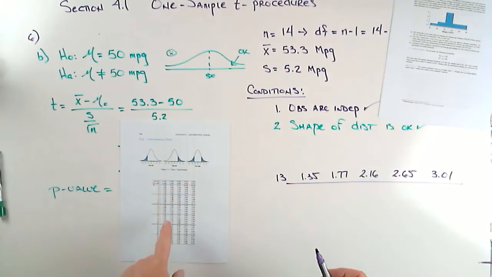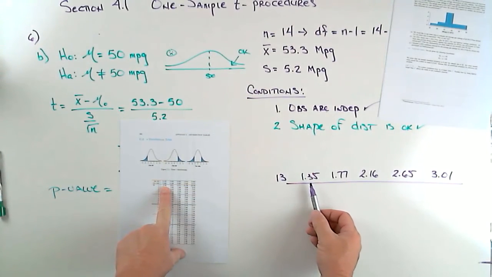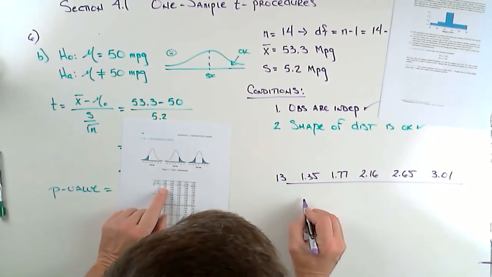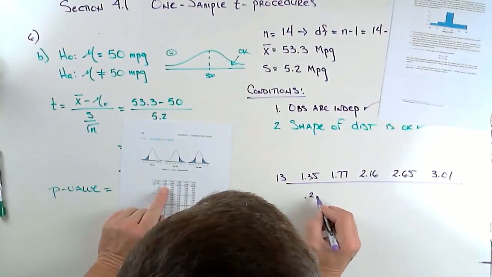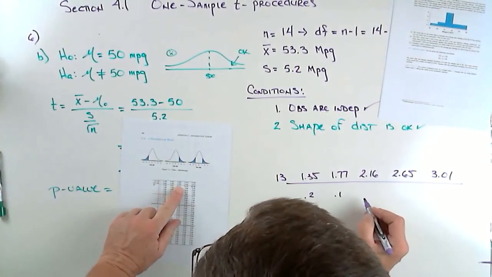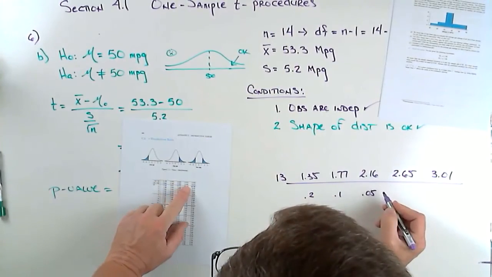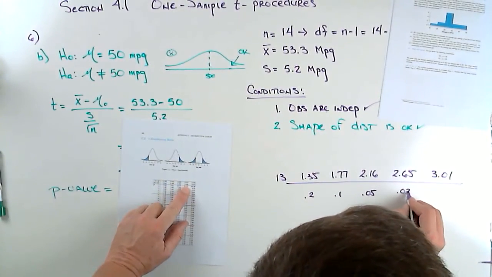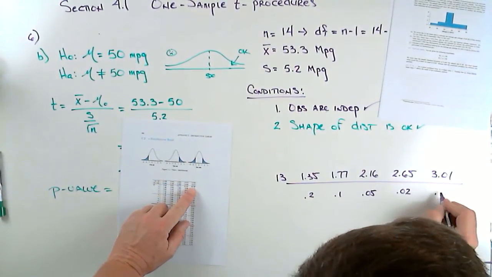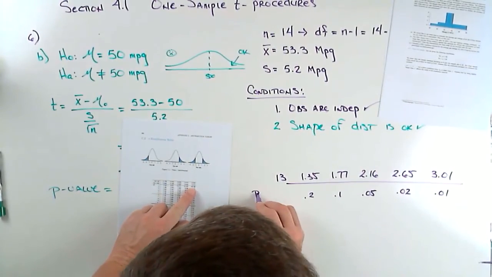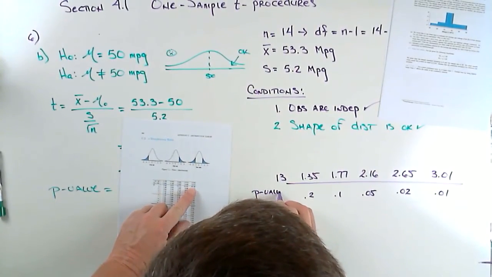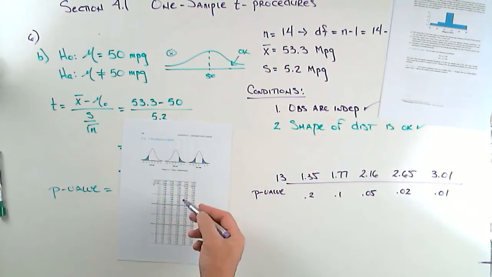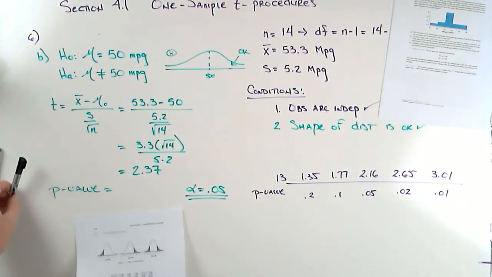We know where these go. On a two-tailed test, this is a p-value. Well, we can just jot them down right here, right? For a two-tailed test, this is 0.2, this is 0.1, this is 0.05, this is 0.02, and this is 0.01. That's our p-values. And of course, I wrote them below here, but in the book and in the table, they're actually up above. So what do we do? We do the same thing we did in problem 4.